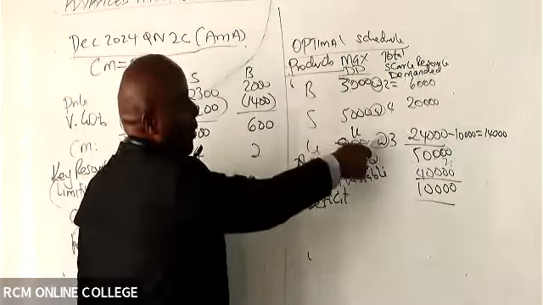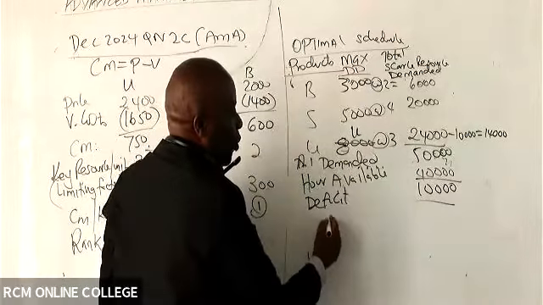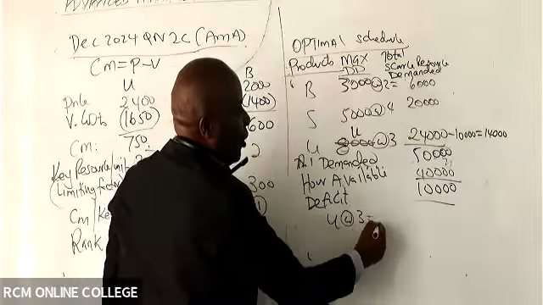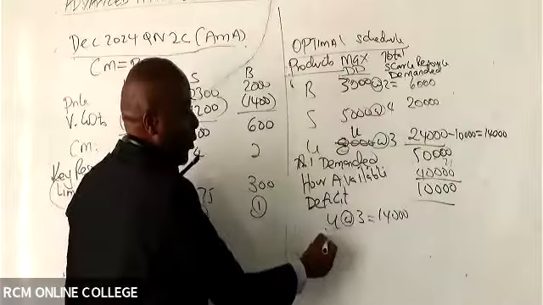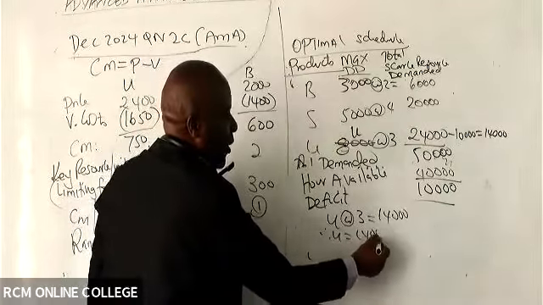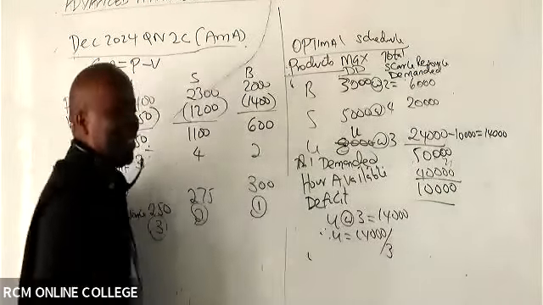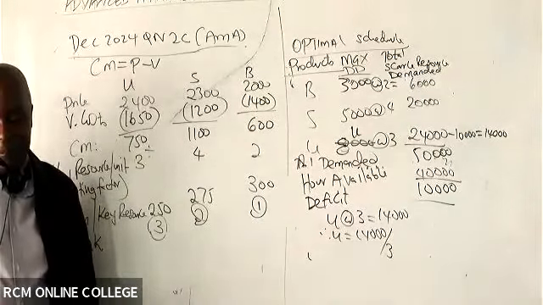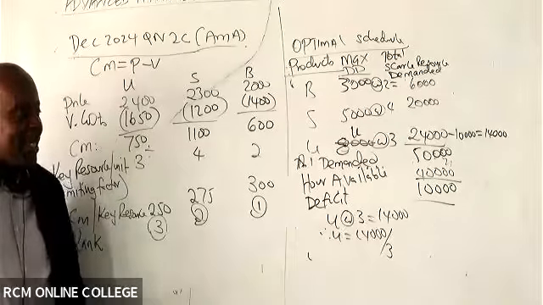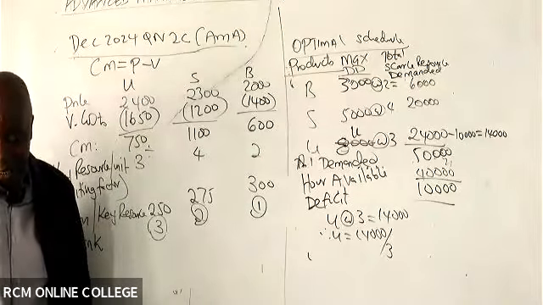We know how many hours we need per unit, so u at 3 equals 14,000. Therefore u will be 14,000 divided by 3.